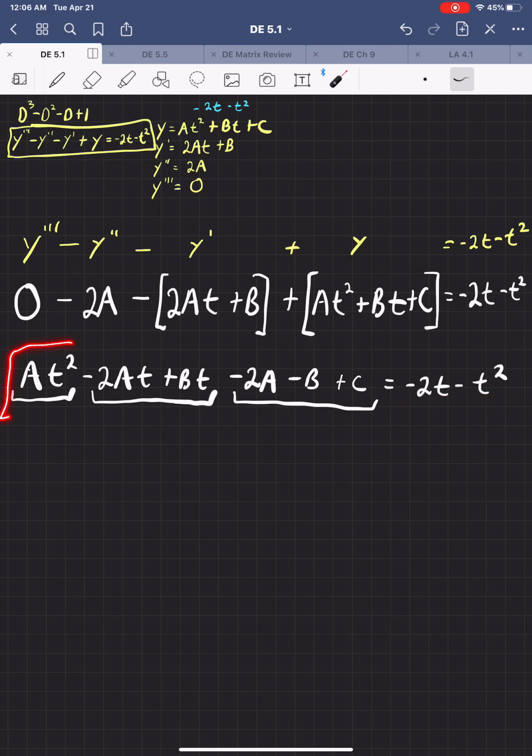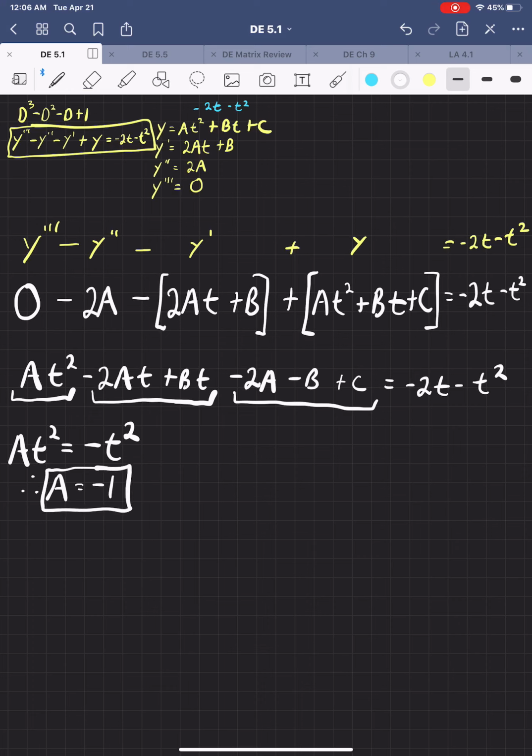So in this case, I'm going to take a t squared and set it equal to negative t squared, right? Because what I know is I need a t squared to equal negative t squared. And in order to accomplish that, I would have to have an a that is equal to negative 1.